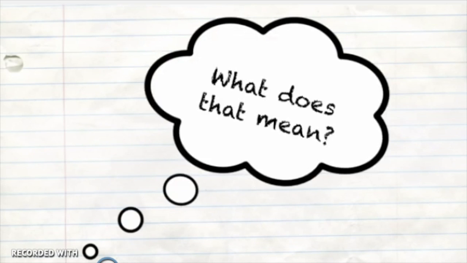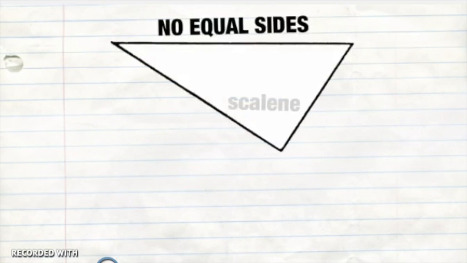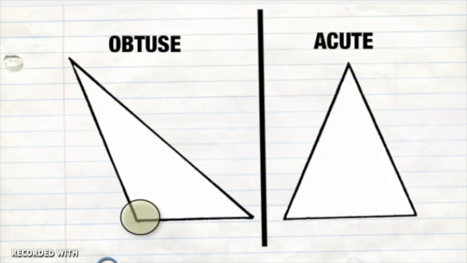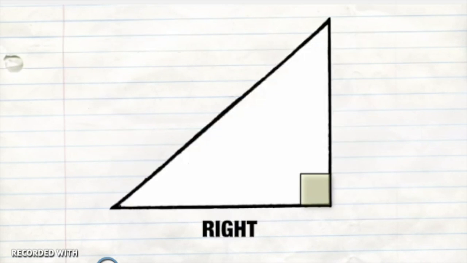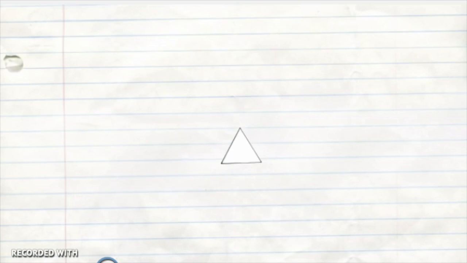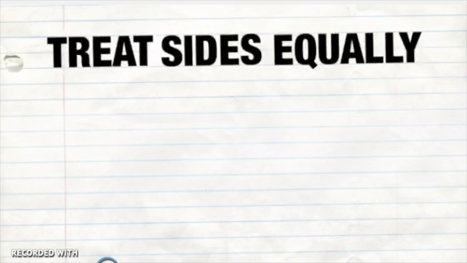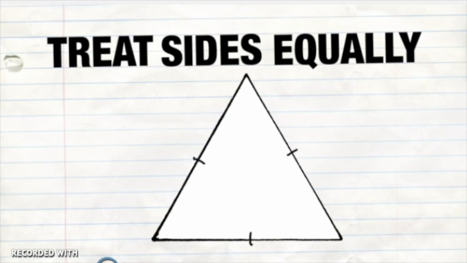Do we know just what that means? No equal sides, or 2 or 3? Are the angles greater than or less than 90, or is there one that measures exactly 90? Will always be triangles. It's a polygonal family. And if we treat sides equally, equilateral is what we'd be.